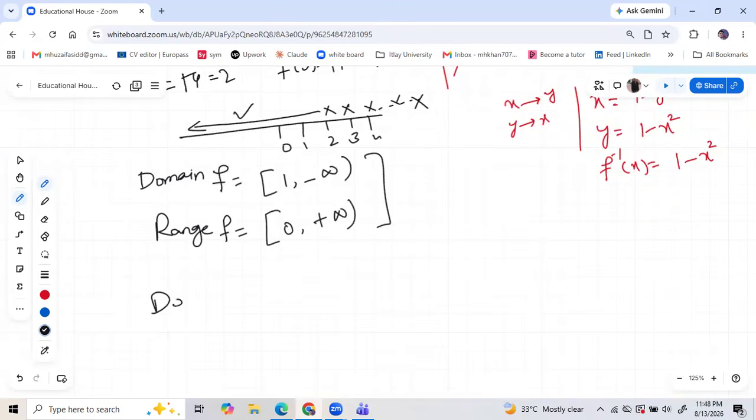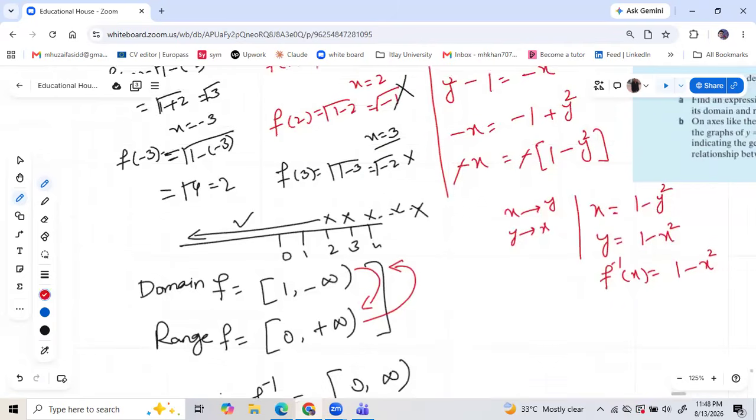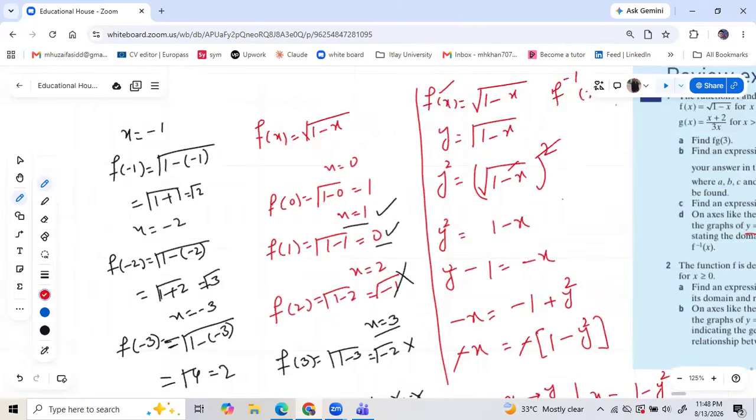The domain of the inverse function is 0 to positive infinity, and the range of the inverse function is 1 to minus infinity. So basically, this is the domain and this is the range in inverse functions. Okay, did you get it? Yes, I got it. You can go through it.